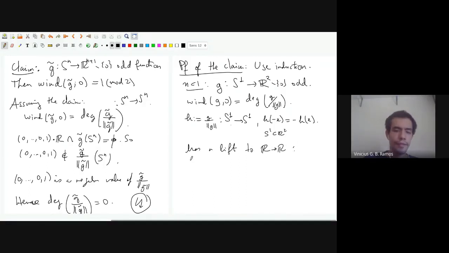And this lift is given by a function phi from R to R such that phi of t plus 2 pi is phi of t plus 2 pi times some integer k, where k is an integer.